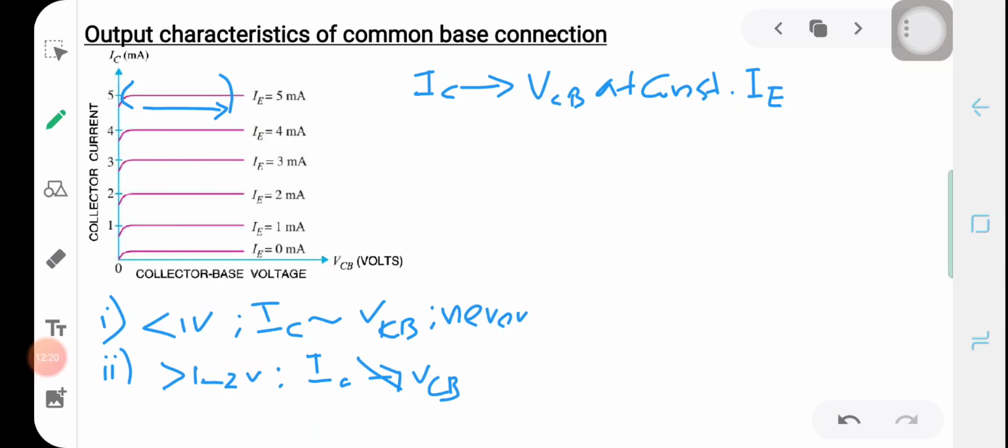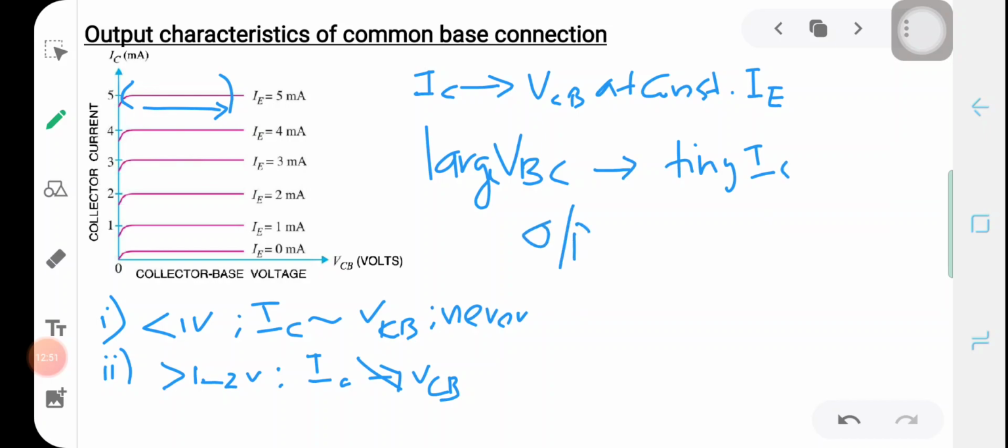So the variation of the collector current with the collector base voltage is almost zero or very small, and for a large change in VCB there is a tiny change in collector current, so the output resistance is very high.